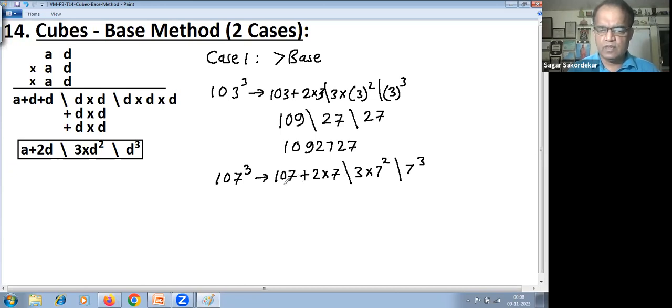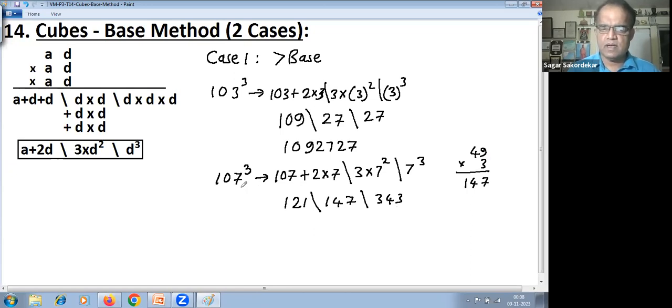So 107 plus 14, 14 plus 7 is 21. So 1 to 1. First part. Then 7 square is 49. 49 into 3. 3 nines are 27. 7 carry 2. 3 fours are 12. Plus 2 is 14. 147. And 7 cube is 343.